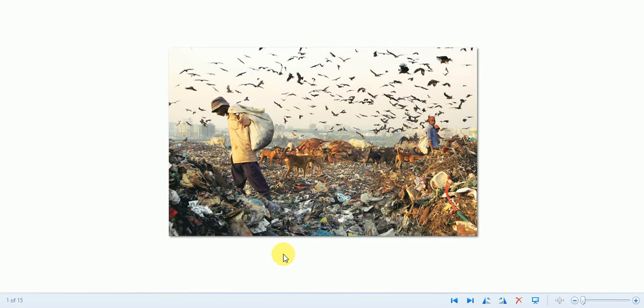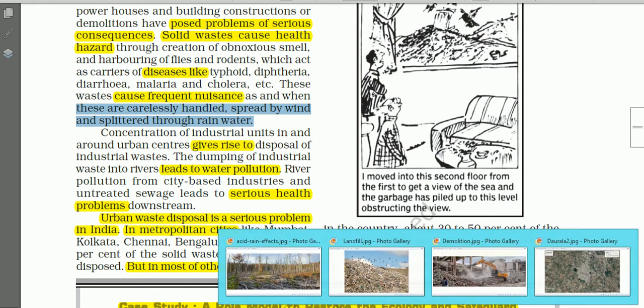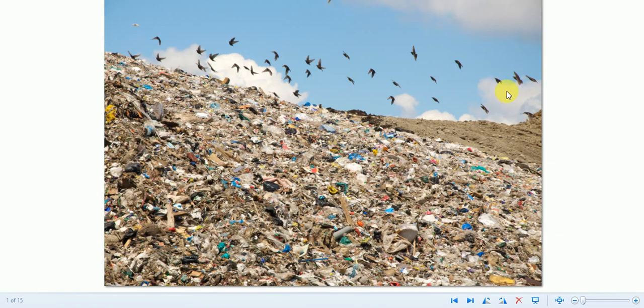And this is another one. See here also, all these animals and this bird will spread diseases. And this is another scene. This is a landfill, a dumping ground, and it also creates a problem, spreading disease.